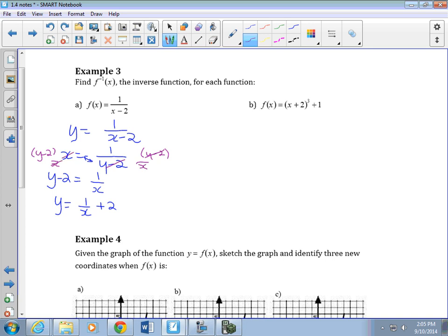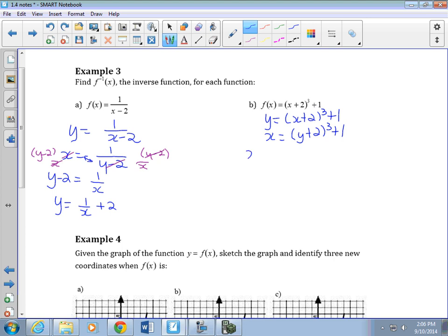Okay, so f(x) is equal to (x plus 2) all cubed plus 1. So first change it into the y equals. So now I'm going to invert, so x is equal to (y plus 2) all cubed plus 1. So now I solve.